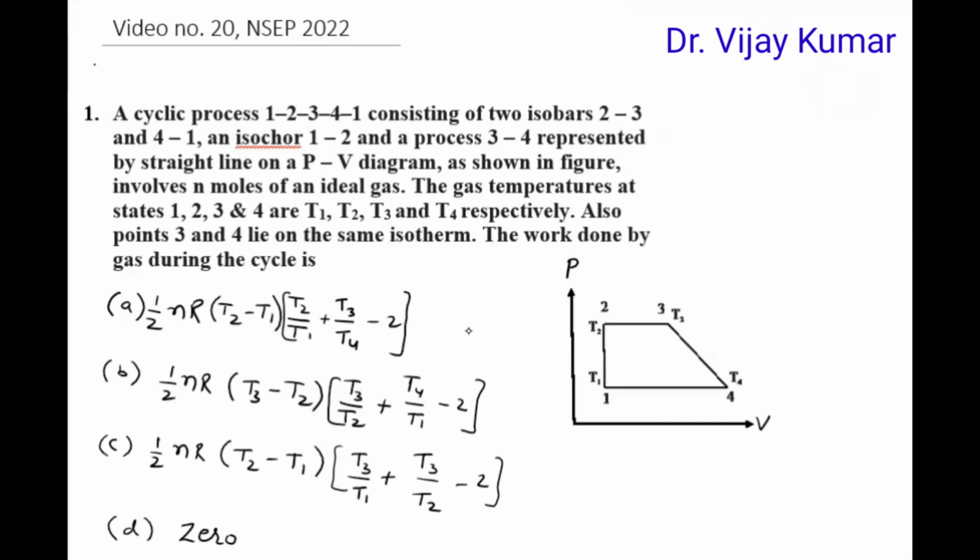And we have seen that process 1 to 2 is an isochore, and 2 to 3 and 1 to 4 are isobars.